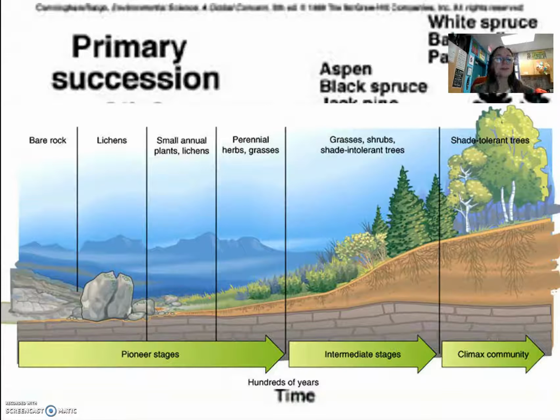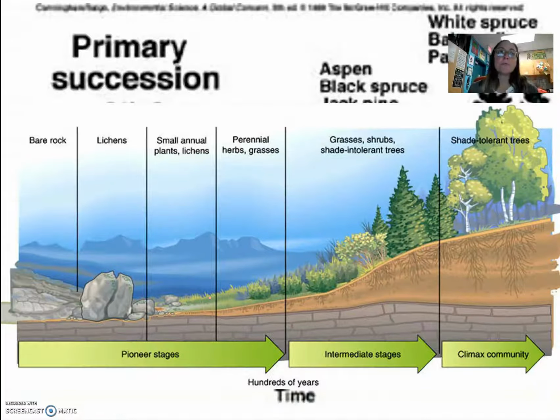And then as the depth of the soil increases, you can support more plants. So you would have some bushes and smaller species of trees move in. And then eventually the intermediate stages are replaced by the climax communities. These are much longer lived species that will represent the community for hundreds of years.